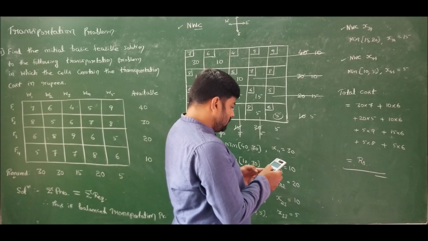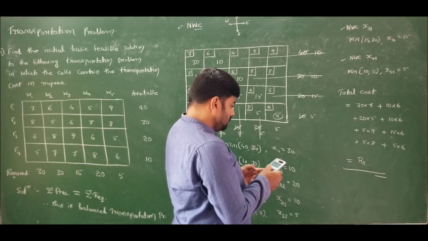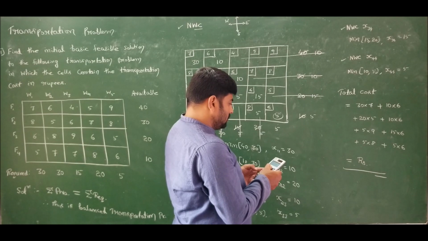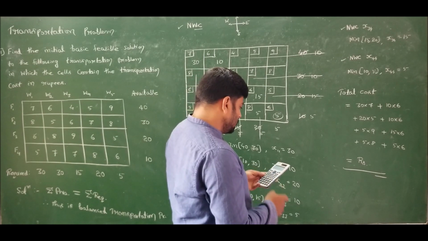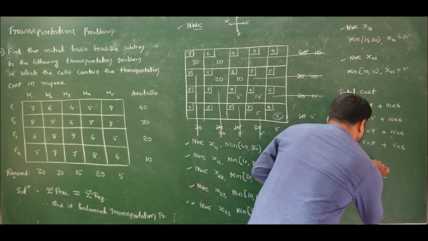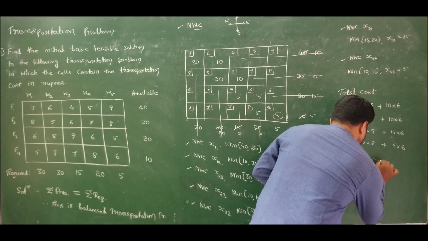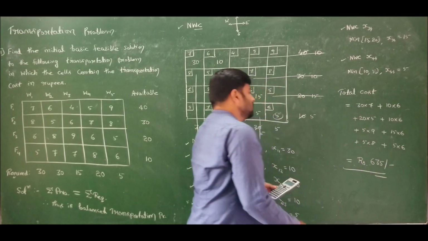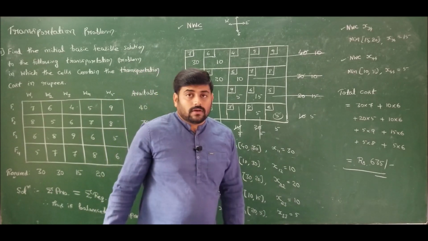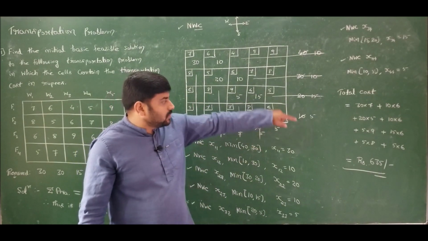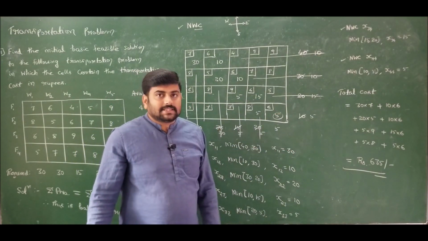It is turning out to be 635 rupees. So the initial basic non-degenerate feasible solution has a total cost of rupees 635.